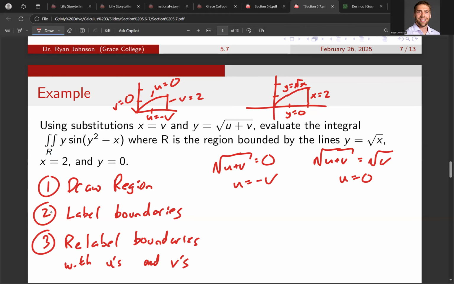So the region of integration is then what?